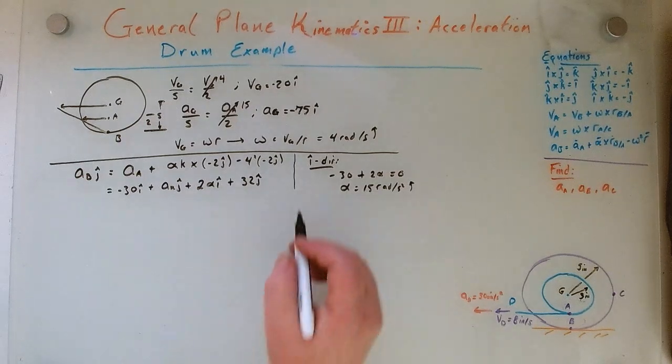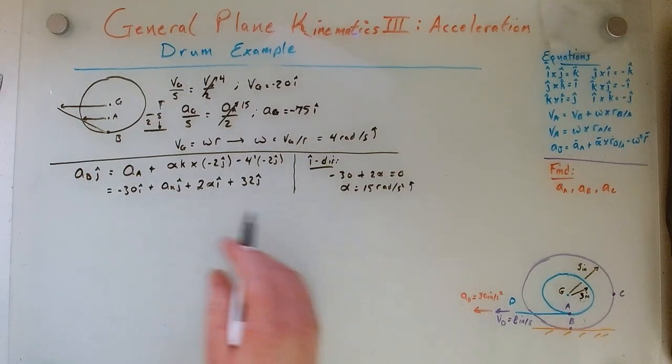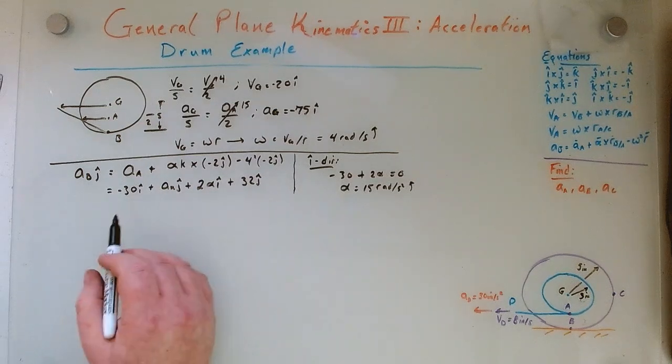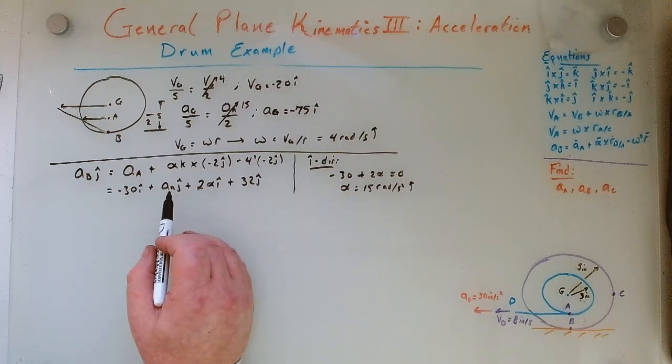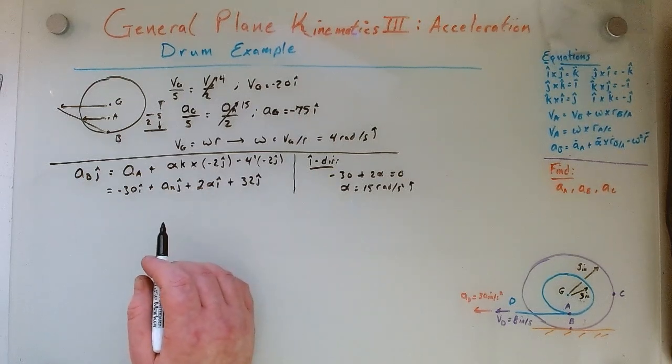Okay, sweet. So now in the j direction, I don't think that really told us anything here, but in the j direction, we have a sub n. We're going to need to equate these, aren't we?